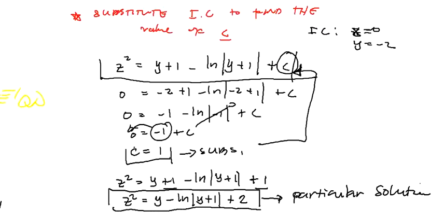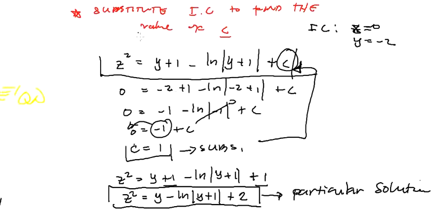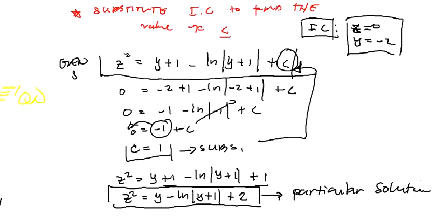Once again, for our third step, if we have the initial condition, then we need to substitute these values into our general solution to find the particular solution.